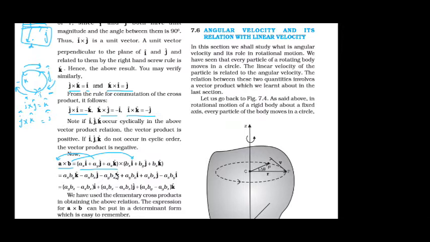If we do the cross multiplication of a and b, we get axby k minus ax bz j. So how are we getting this? This is simple. First we'll multiply this one with this whole thing.